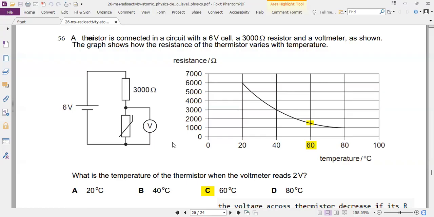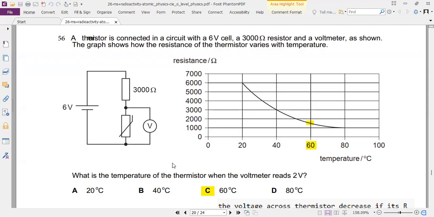But the question doesn't end here. The question says, look at the graph and tell what temperature it will be. So this is the temperature axis, this is the resistance axis. At what temperature will the output voltage become 2 volts?